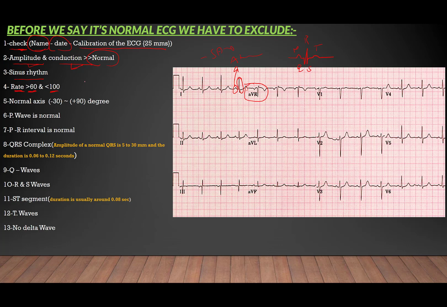If the heart rate is more than 100, it's called tachycardia. If it is below 60, it's called bradycardia. It's important to know how we calculate the heart rate of the ECG.